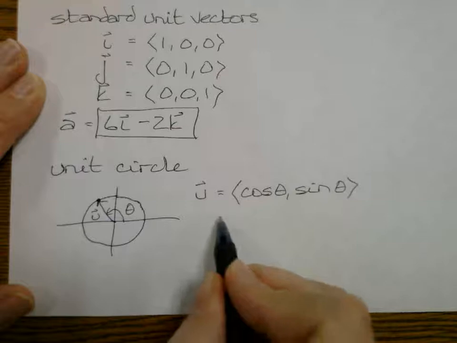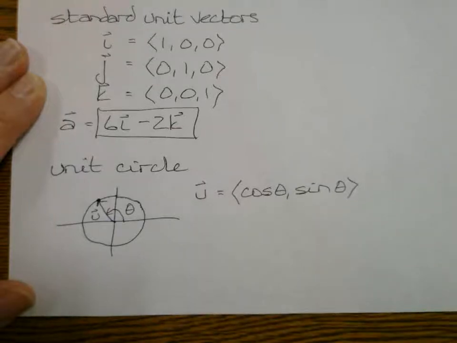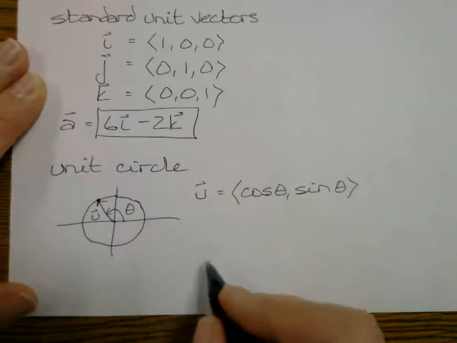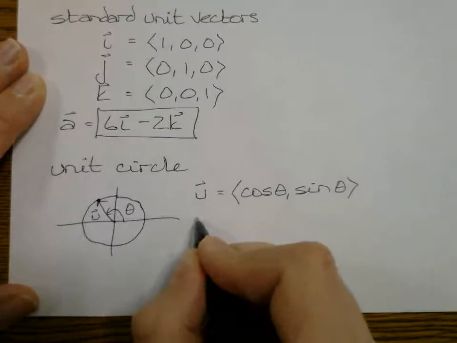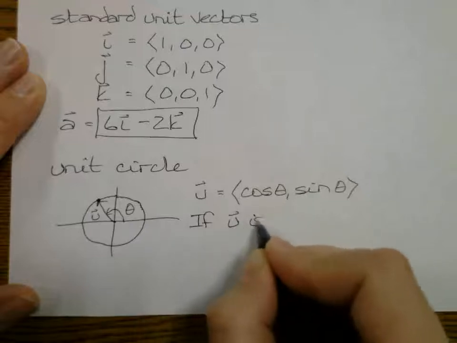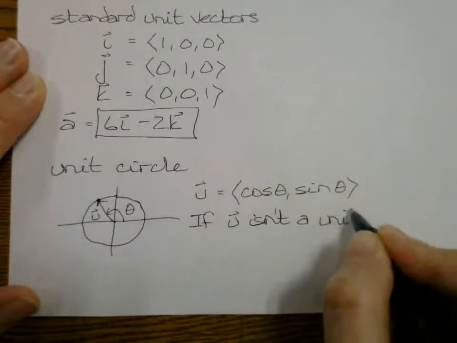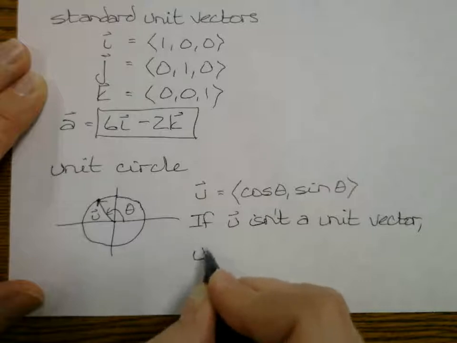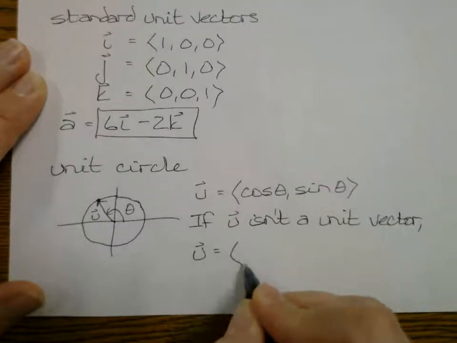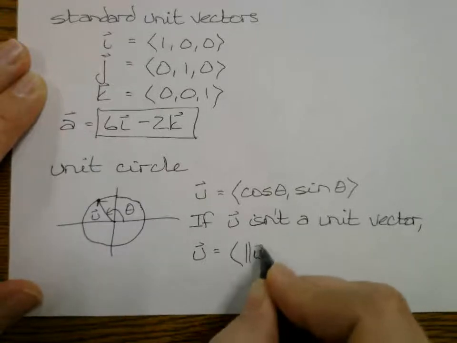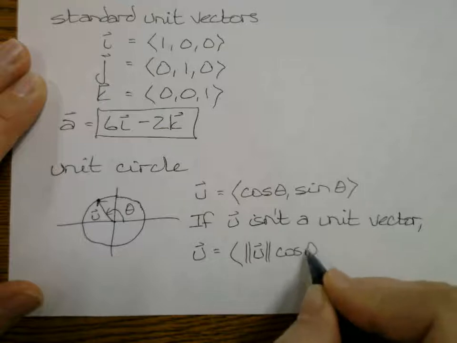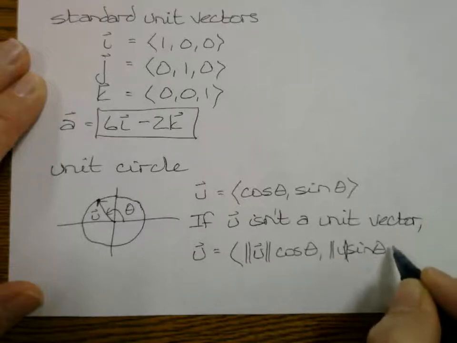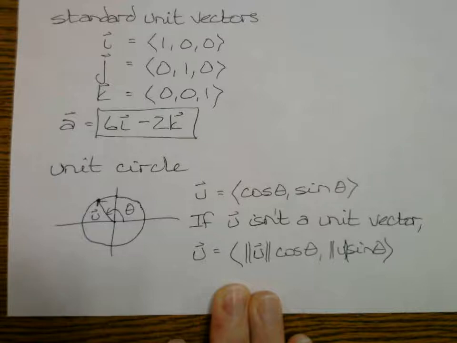So instead of just one cosine theta and one sine theta, if u is not a unit vector, we'll just multiply by the magnitude of u to get the coordinates.